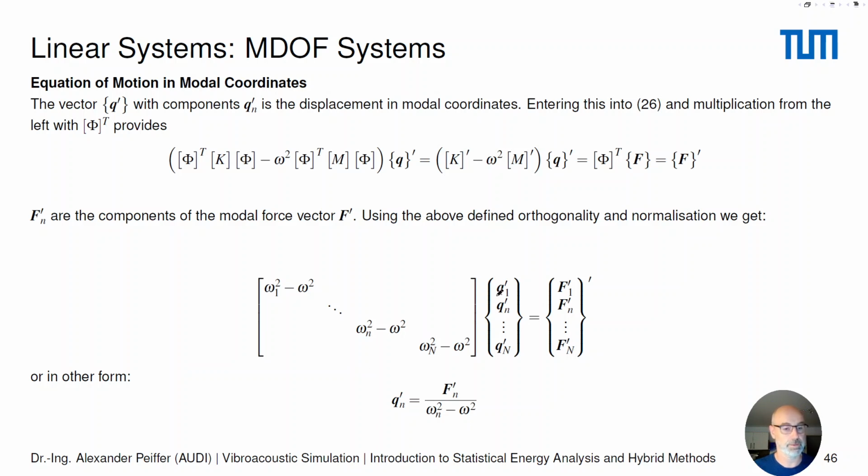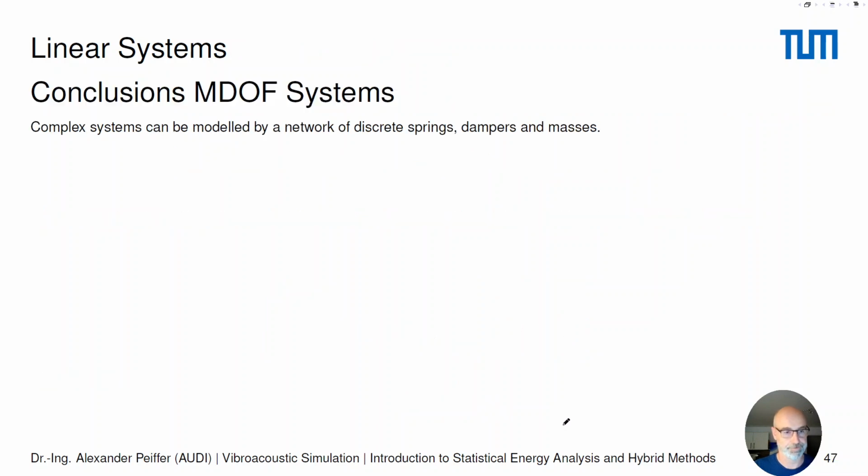So every Qn is given by the modal force n divided by omega n minus omega. And if you remember well, this is exactly the same equation as for the harmonic oscillator. Hooray, here it comes again. So that means every complex multiple degree of freedom system can be condensed to a set of resonators, which are the modes. That's the good concept here.